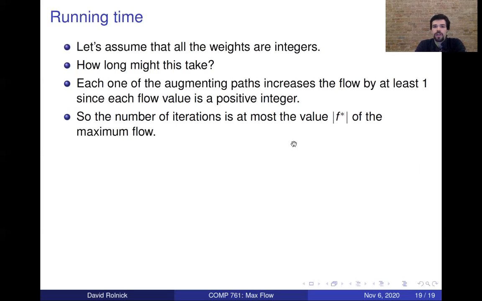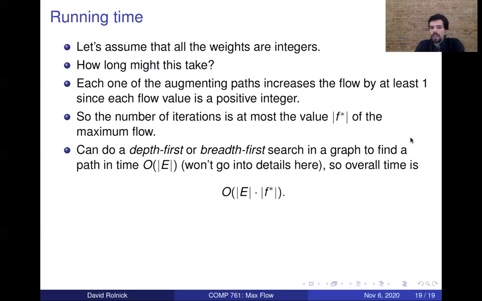Now, how long does each iteration take? Not really going to go into this, but it's just trying to find a path in the residual network. But you can do it in time on the order of the number of edges. So the total amount of time is just the number of edges times the value of the maximum flow.